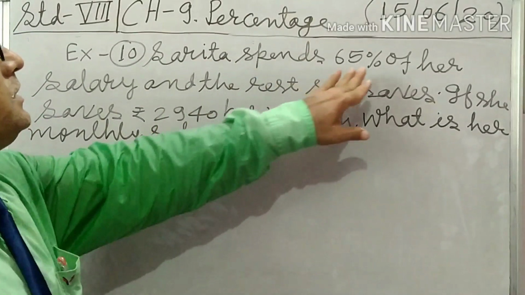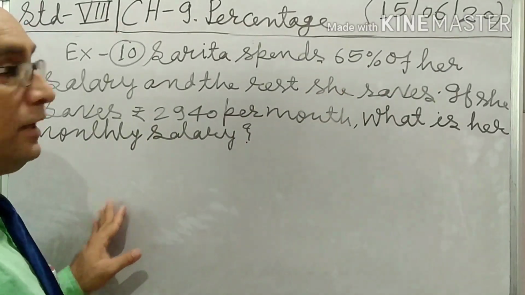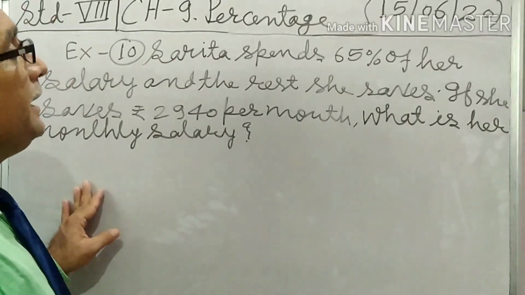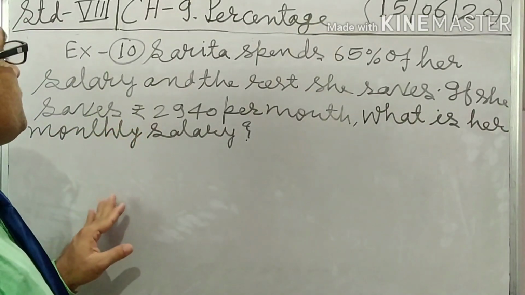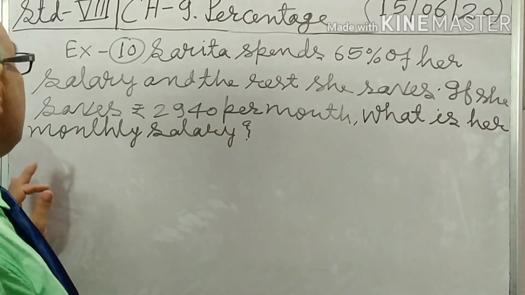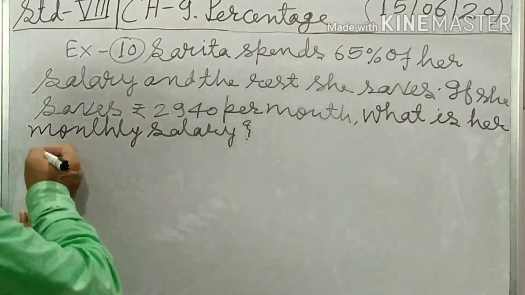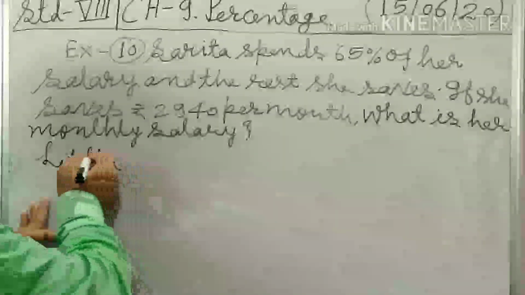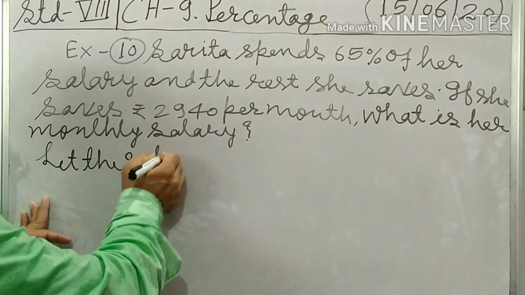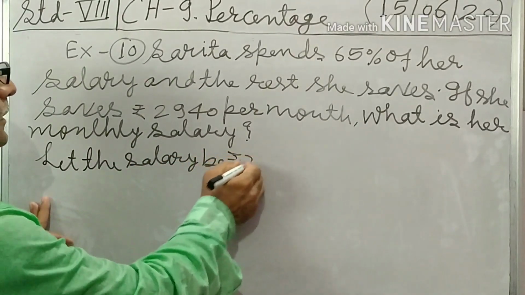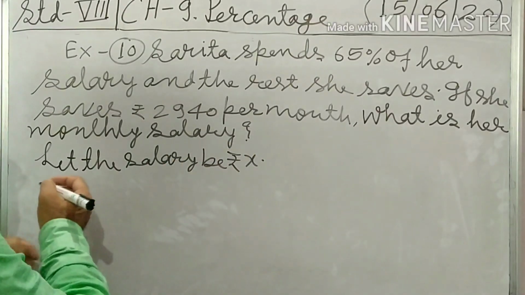Students, next question is example 10. Sarita spends 65% of her salary and the rest she saves. If she saves rupees 2,940 per month, what is her monthly salary? So let the salary be rupees X per month.